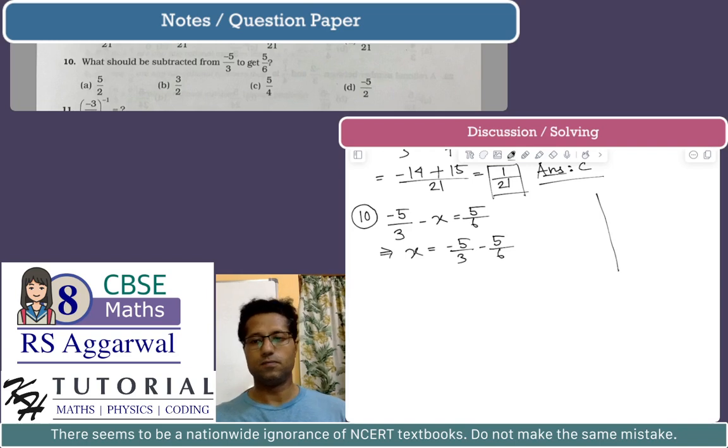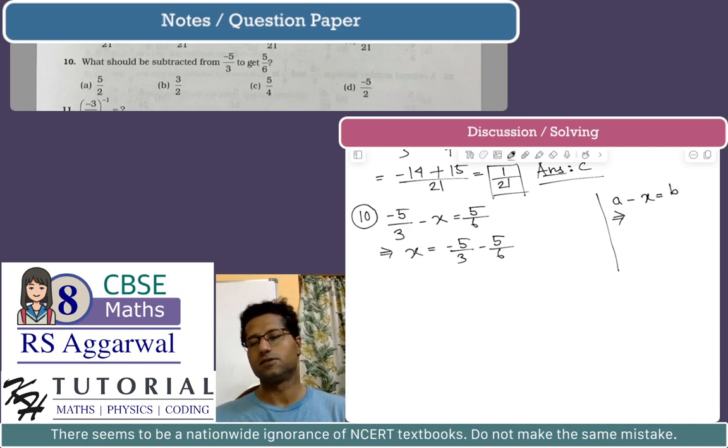Because I hope you know this, that if we have an equation like this, a minus x equals b, where x is an unknown variable, a number, it could be any type like rational, integer, and a and b are some constants.